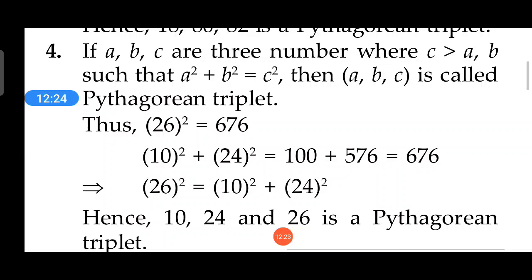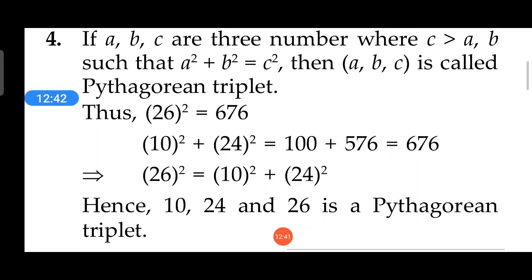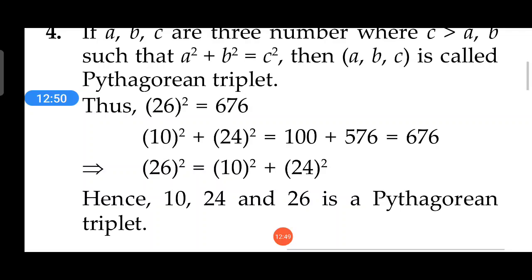So lastly we can take 26 square, 676. 10 square plus 24 square is 100 plus 576, that is 676. So therefore 26 square is equal to 10 square plus 24 square, which becomes 676. So here we can say that 10, 24 and 26 is a Pythagorean triplet.